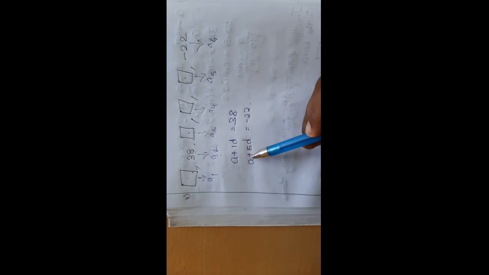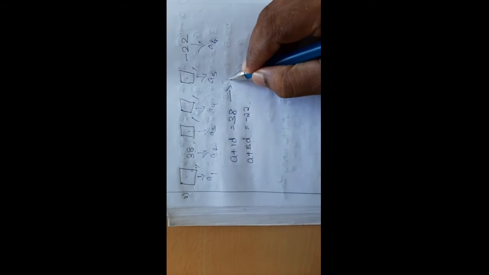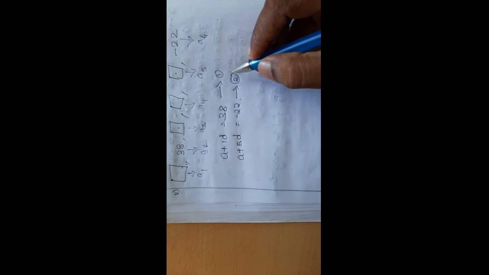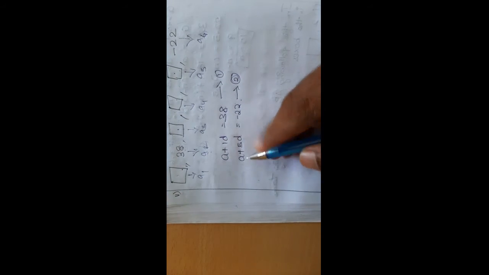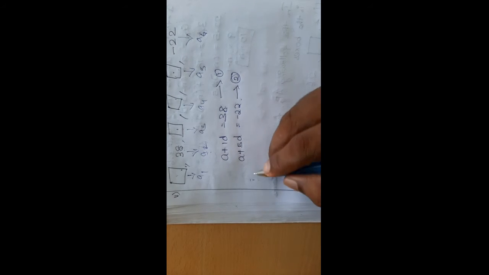If we find a and d, it is easy to find the rest of the terms. We can solve this by the substitution method or the elimination method. Let me choose the elimination method. So a will cancel. Equation 1 and 2 we are going to subtract.